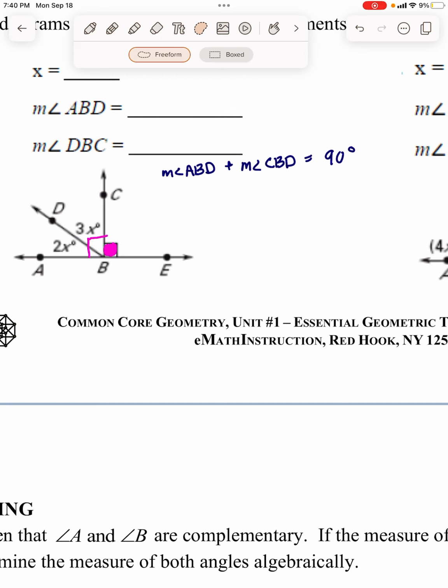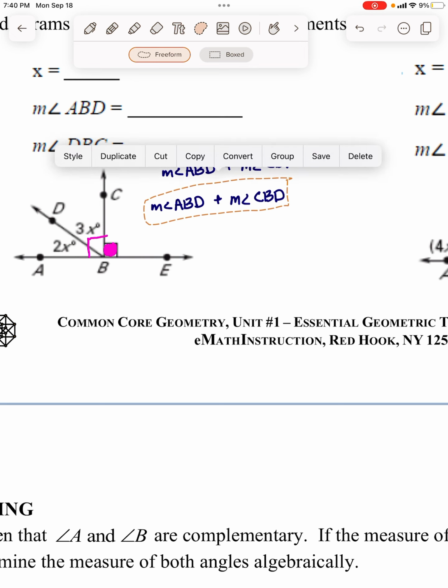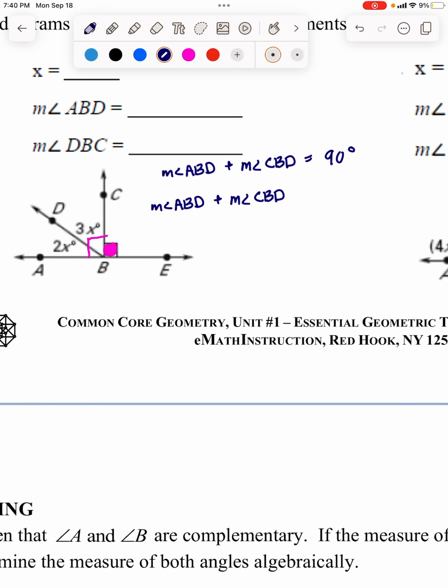You also could take that same equation, but keep going.